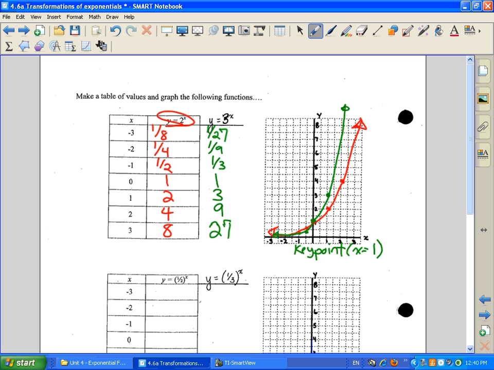All right. Okay. So just remember, both these cases are a growth. And the larger the base, the faster it increases, right? The larger base increases faster.